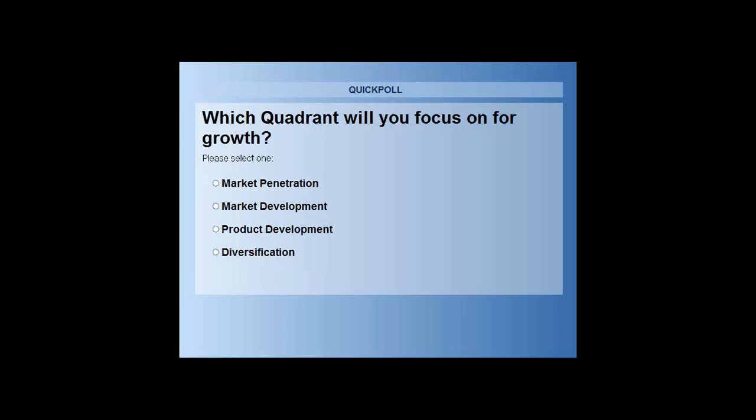Is it the lower left, market penetration, or the upper left, market development, or bottom right, product development, or diversification? I probably should have marked which quadrants they were to make this easier. I don't know if you have any thoughts on that, and if you can see that poll.